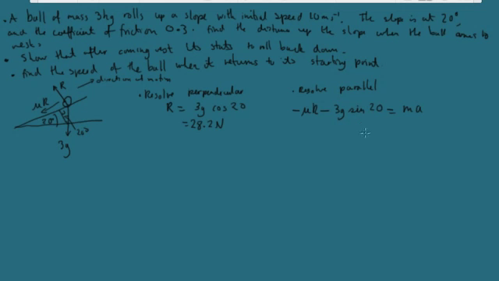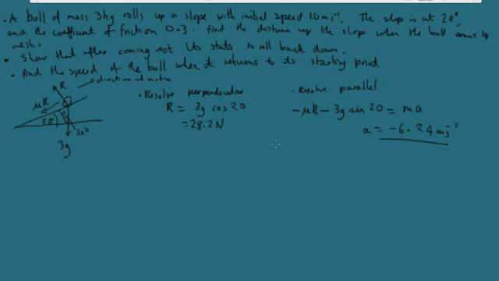So working all that out, we'll get an acceleration of minus 6.24 meters per second squared, which makes sense because if you were to roll a ball up a hill, it will go up and slow down until it comes to a stop.